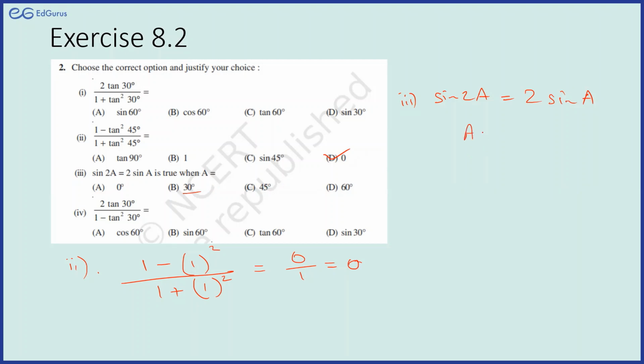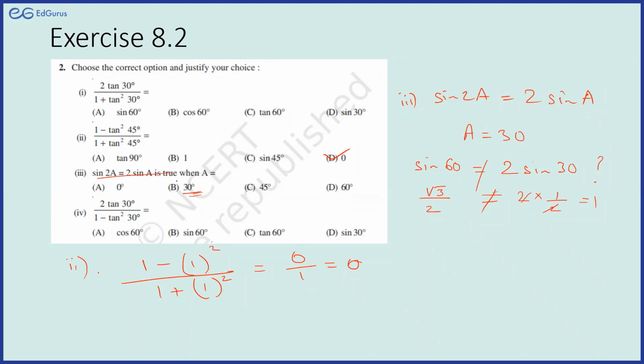If A is 30, then 2A will be 60. Is sine of 60 equal to 2 times sine 30? Sine of 60 is root 3 by 2, and 2 times sine 30 is 2 times 1 by 2, which is 1. So this is not equal. So for 30 degrees, it's not true.